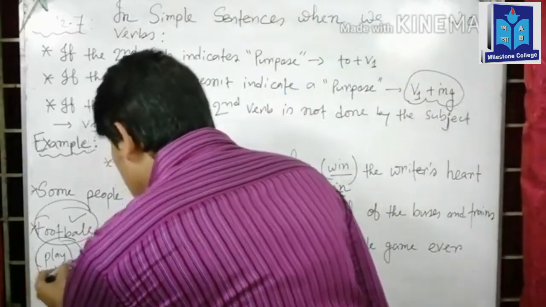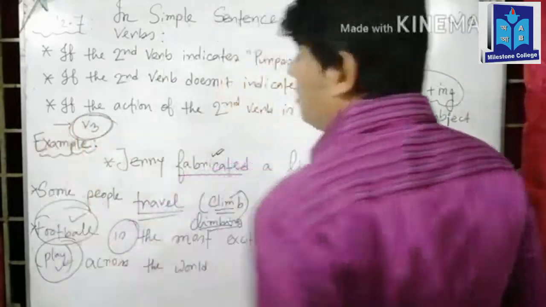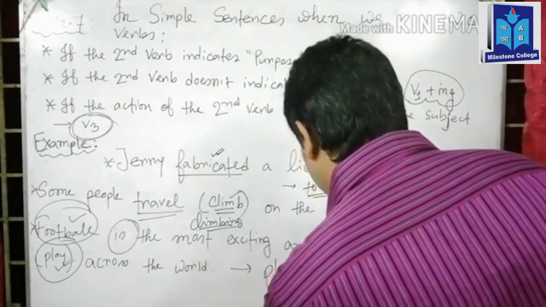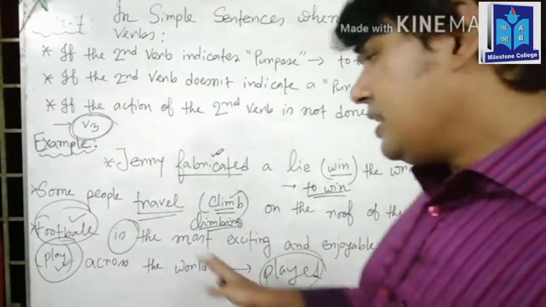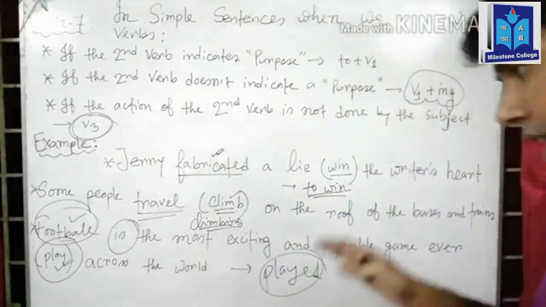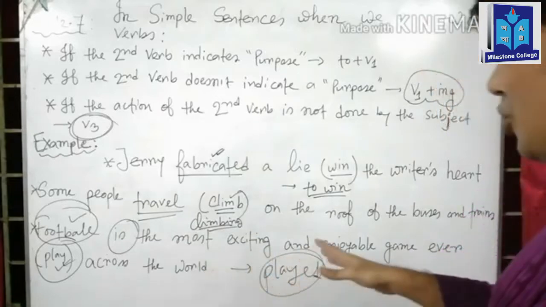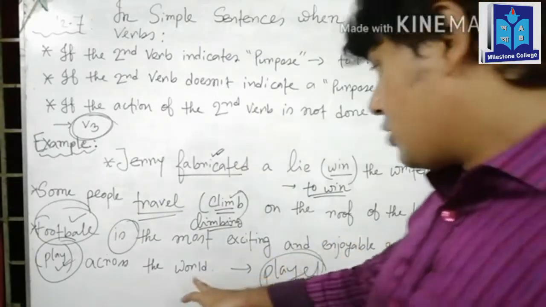So what we will do there is give the third form of the verb. Is ever played? The answer will be played. Actually, this also indicates a passive sense. Though it's a simple sentence, if we make it a complex sentence, it will be: football is the most exciting and enjoyable game which is played across the world.